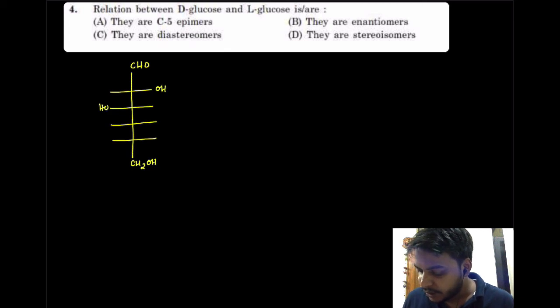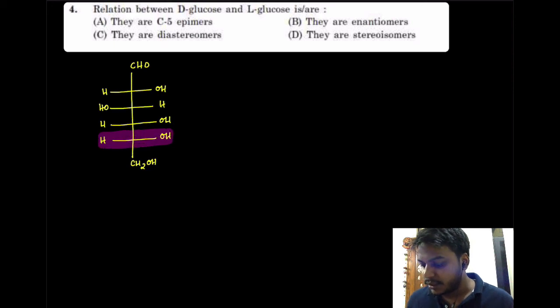So we have OH, OH, OH and OH in this particular configuration. So when you have this D, if you just recall, D is always with respect to this 5th carbon, okay, which is in reference to the D glyceraldehyde. So this is D glucose.